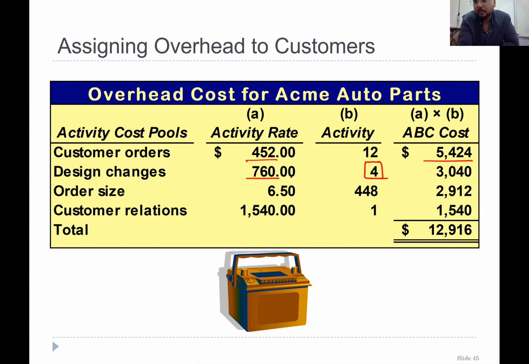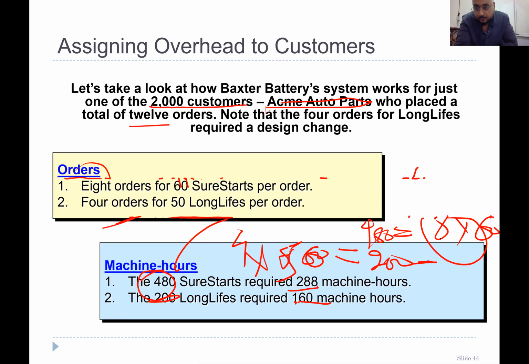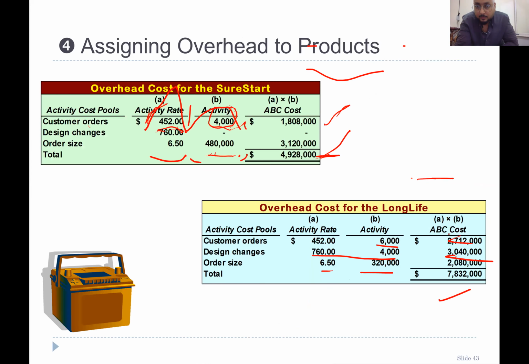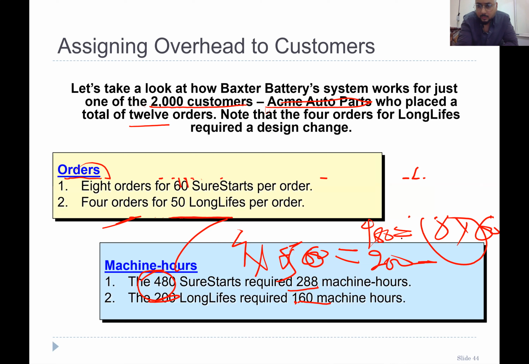So we multiply with the 4 here. Order size, total machine hours, 448. So do not be confused about where this 448 is coming from.